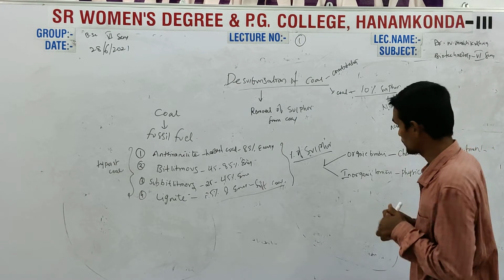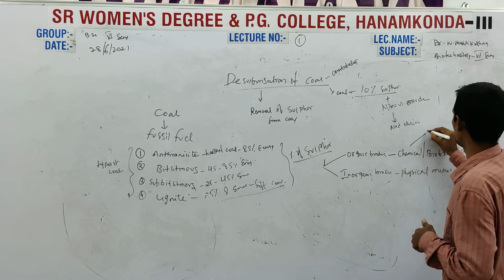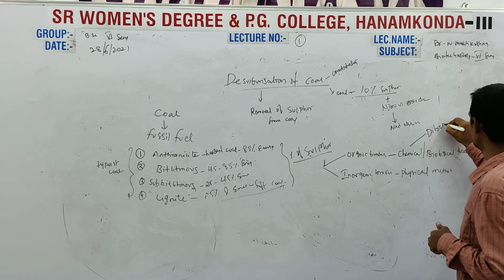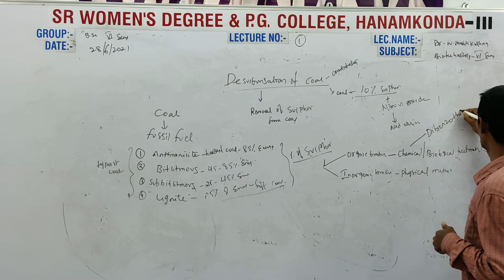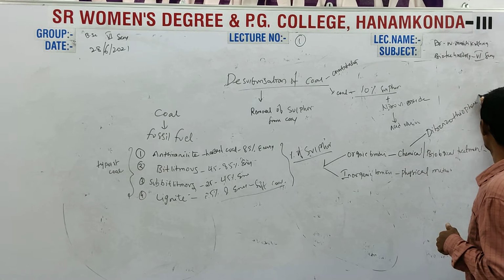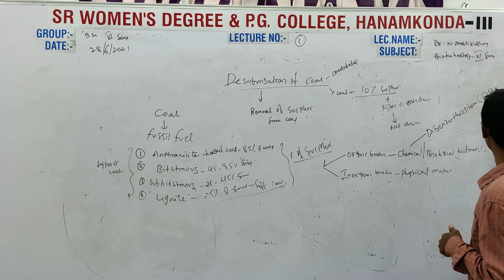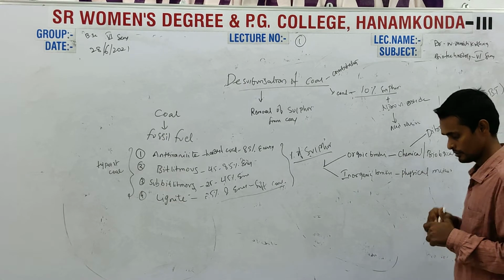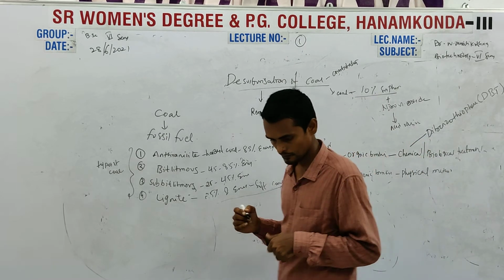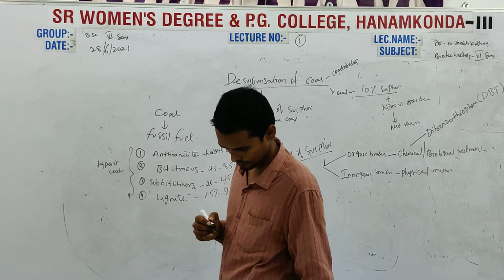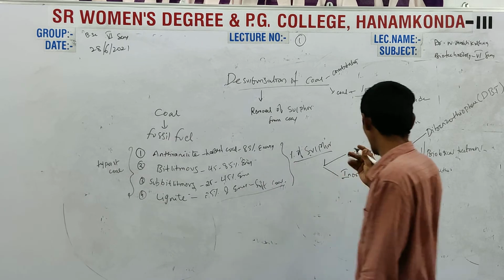Coming to the chemical method, there is a chemical called dibenzothiophene, which is DBT. DBT is a chemical which can be removed from organic binding.